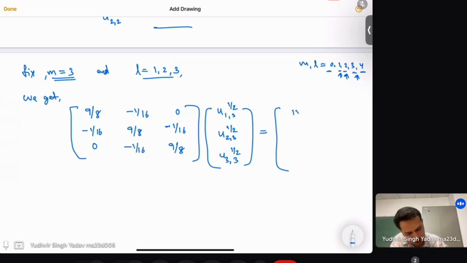And on the RHS we have 14 plus root 2 divided by 32, 7 root 2 plus 1 by 16, and 14 plus root 2 divided by 32.